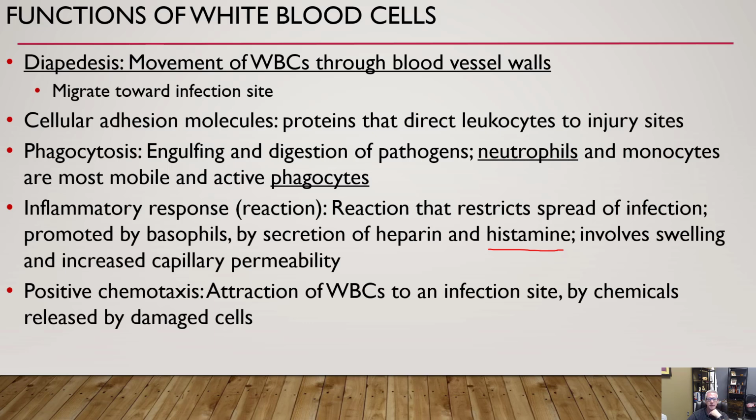And then we have this thing called positive chemotaxis, and basically that is an attraction of white blood cells to the infection site by chemicals released by the damaged cells. So we have to be able to attract the white blood cells to the area of infection, and this is called chemotaxis.